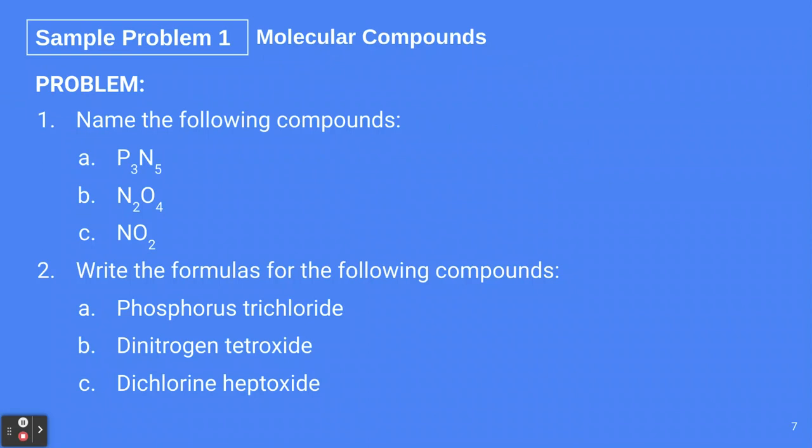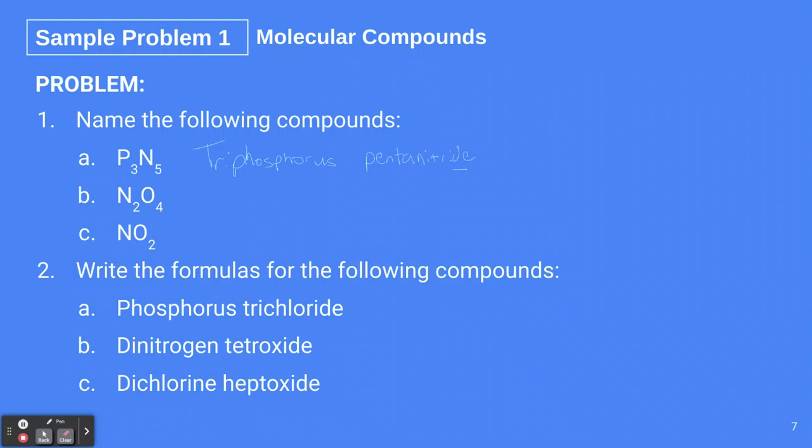Name the following compounds, so formula to name, and then also going from name into formula. All right, in this first one, we've got 3 phosphoruses and 5 nitrogens. So we've got triphosphorus, and then pentanitride.